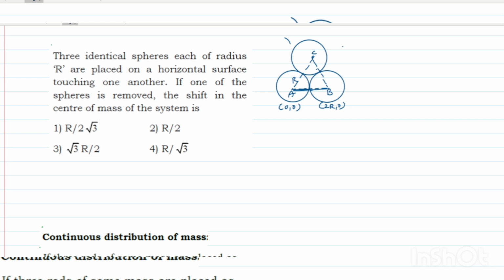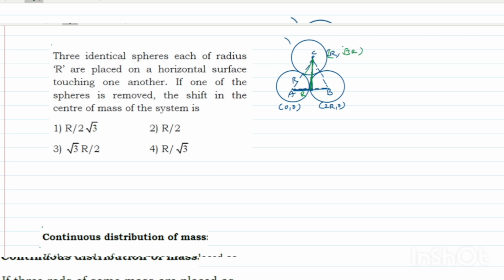And for the C particle, the x coordinate will be r, and the y coordinate will be root 3 r.